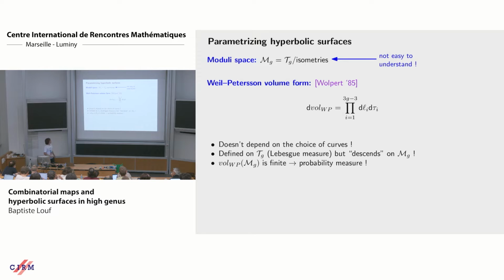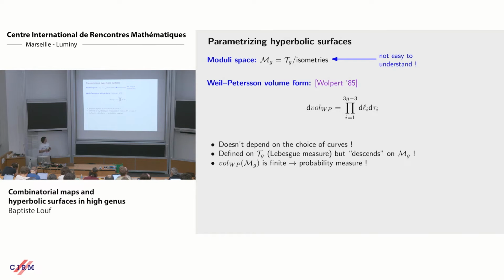I think the main one is a result from Wolpert in the 80s. Now my Teichmüller space, since I have coordinates, I can just take the Lebesgue measure, the usual Lebesgue measure on the coordinates, so the product of the dl_i's, d tau_i's, and it gives me a volume form.